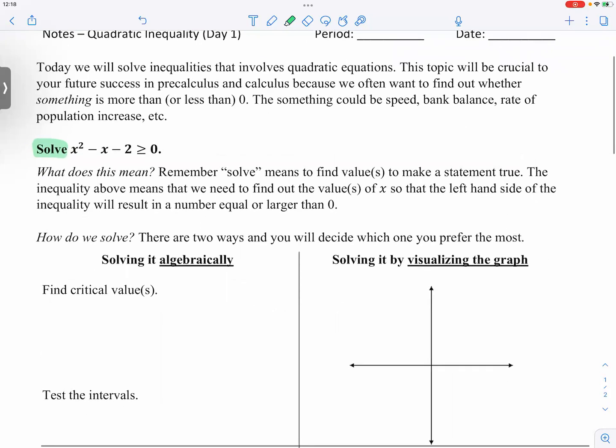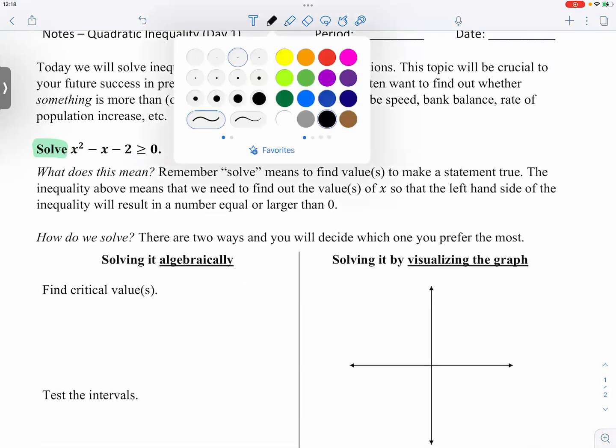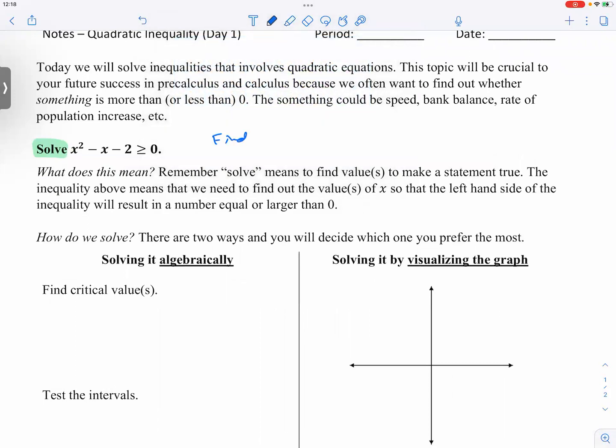But if you know it, then it's fine. So what we're trying to do here is find the value or values of x so that this would be true, so that the inequality is true.